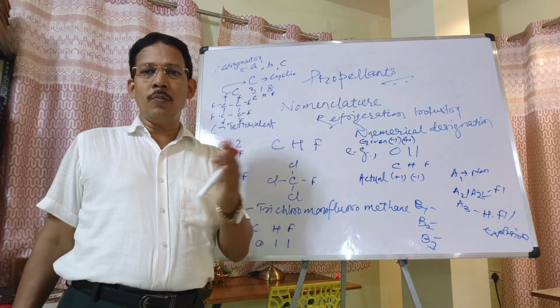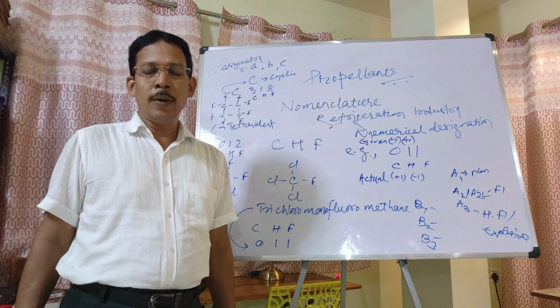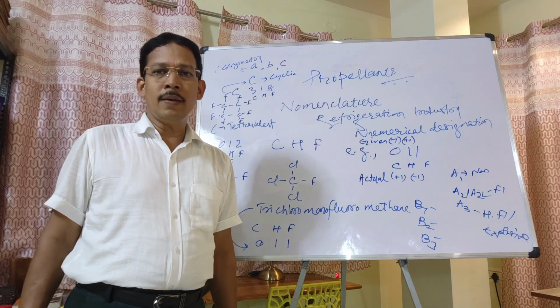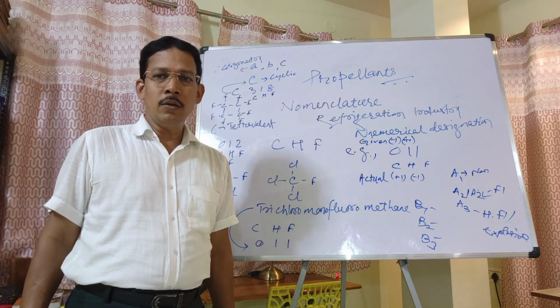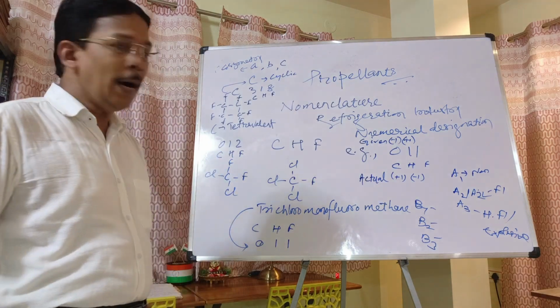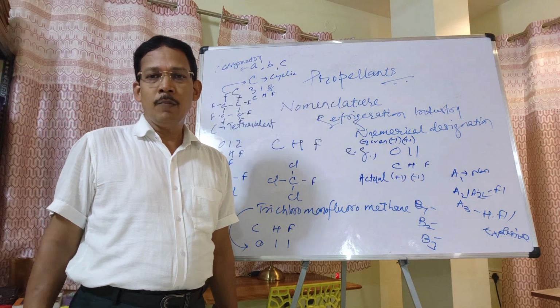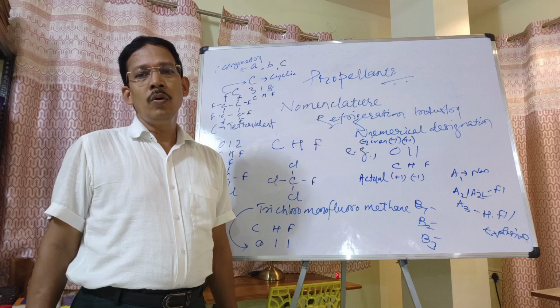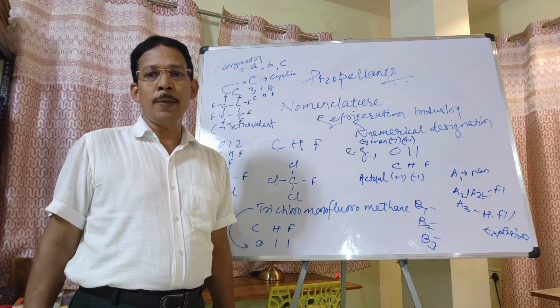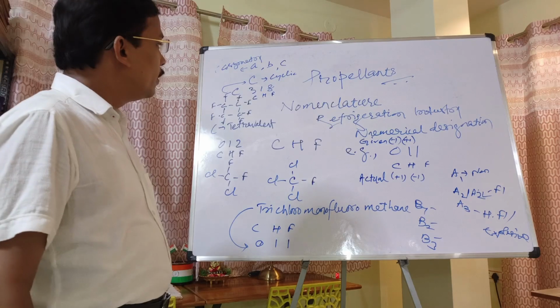The portion which is converted to liquid acts as a solvent or vehicle for the solute, which remains dispersed or soluble or suspended, and the half which remains as gas helps in giving the pressure for the component to be expelled out when pressure is exerted on the actuator. So this is about the propellants.